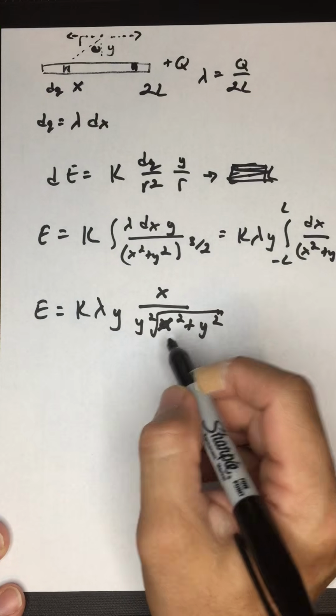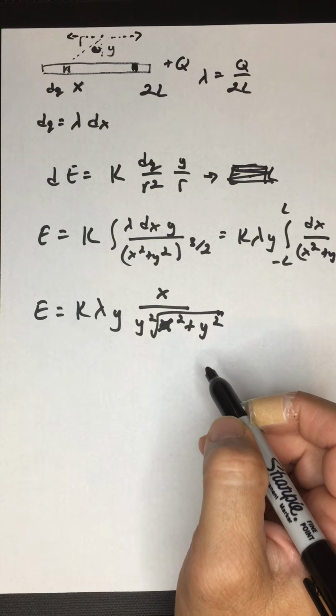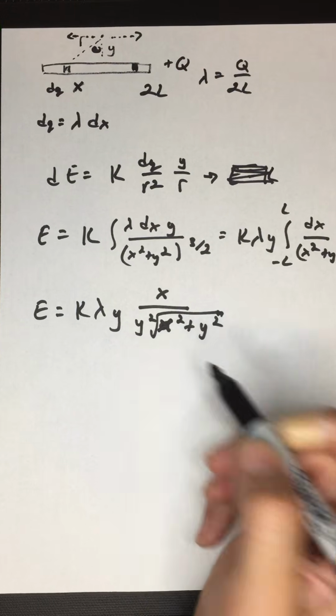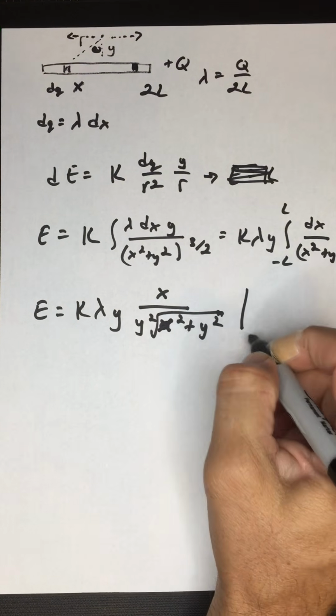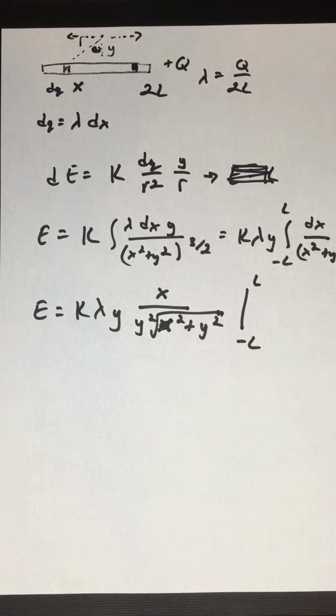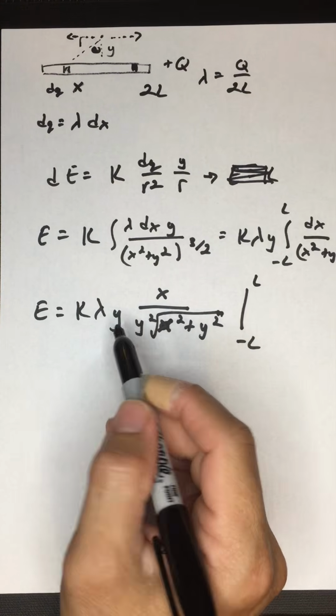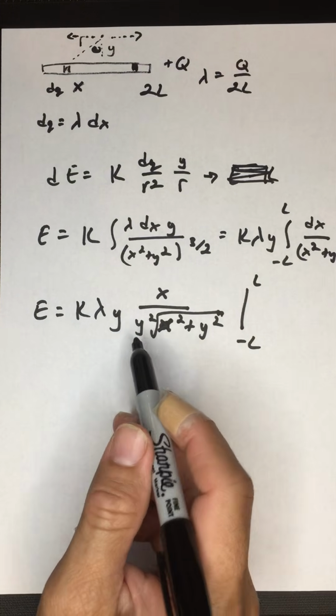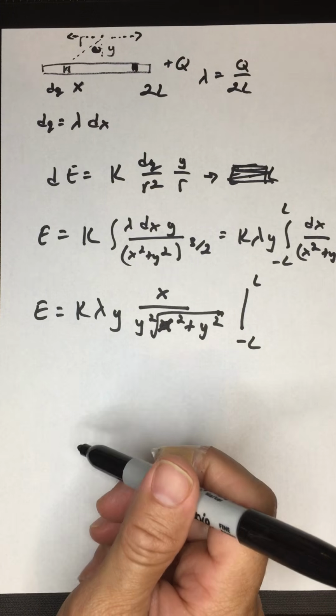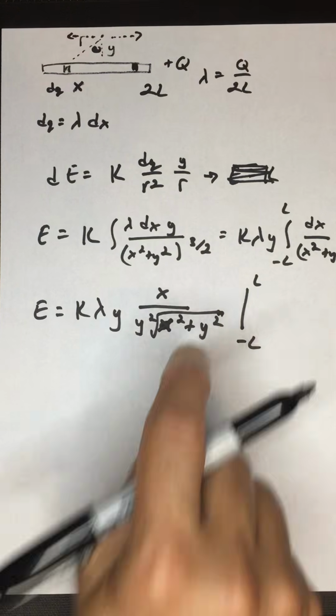That should be an x. I started to write something else and then I fixed it and it looks bad with a Sharpie. I'll fix it in the next step. Okay, and this is of course evaluated at negative L to L. Okay, well I've got a y, so the first power here, y squared here. I'm going to lose one of these guys. So let me clean that up and evaluate.